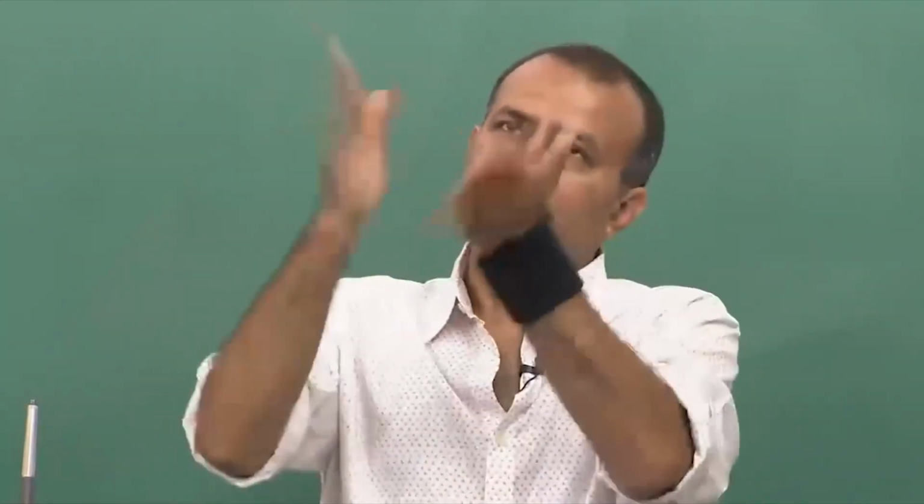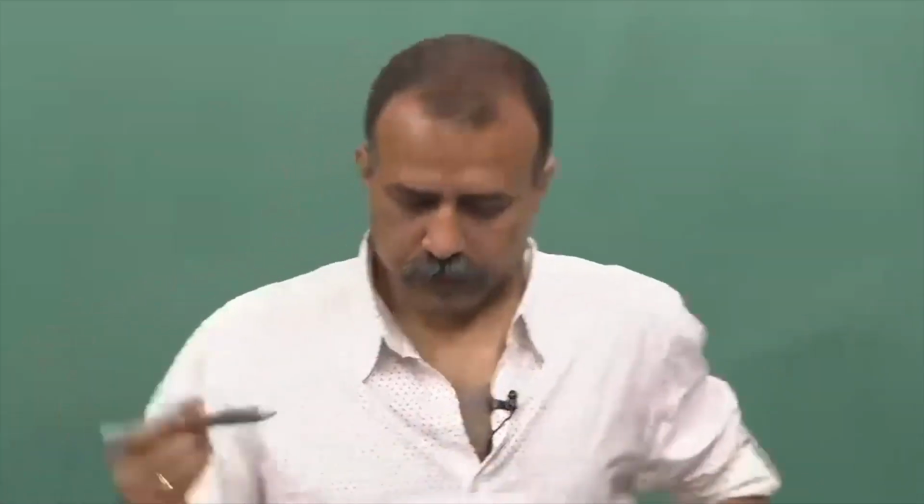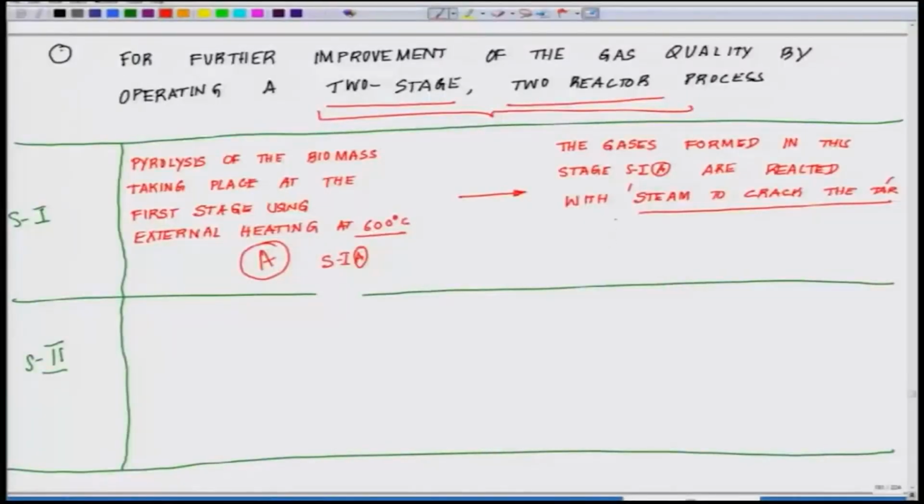Because the structure is already cracked up, the steam will embed into it and further crack the tar which is getting generated. You remember I told you previously that you can convert the tar into high quality gases, but you need technologies. Now this is stage B of stage 1, S1B.